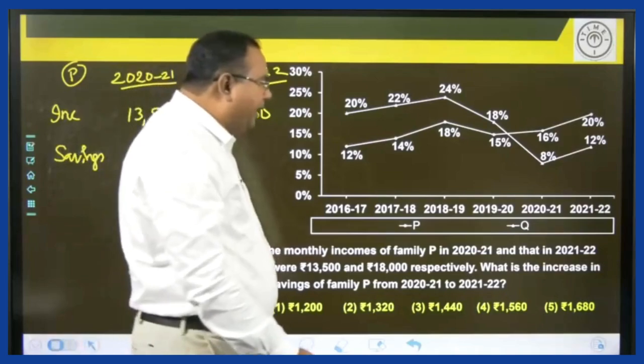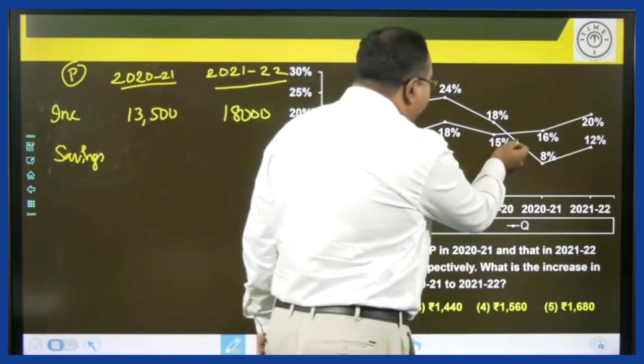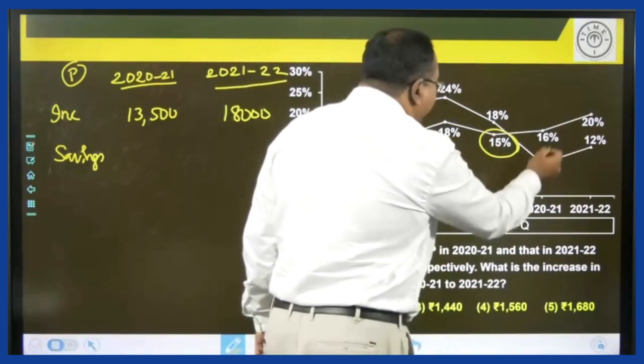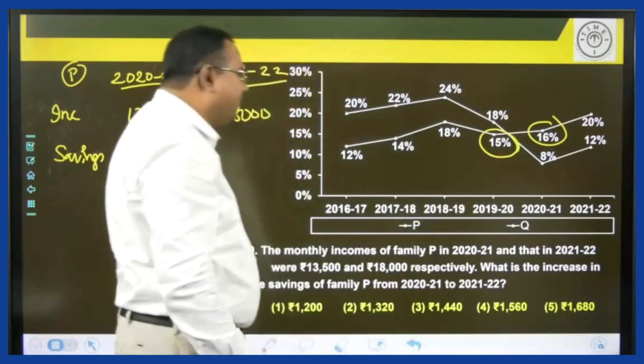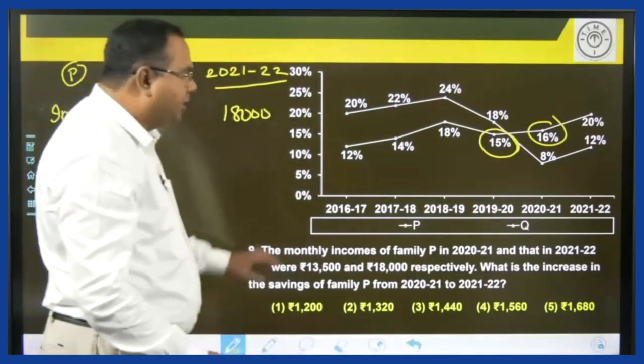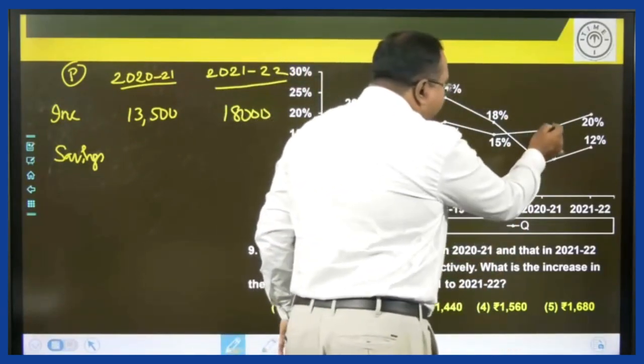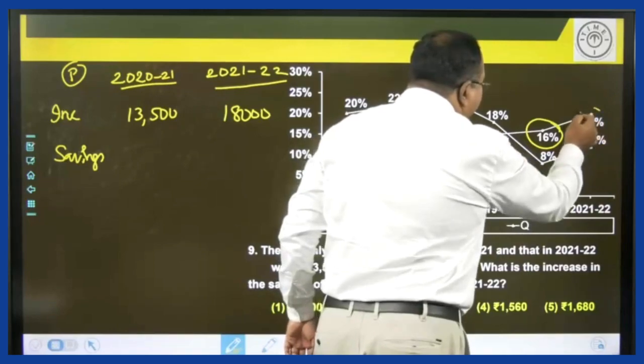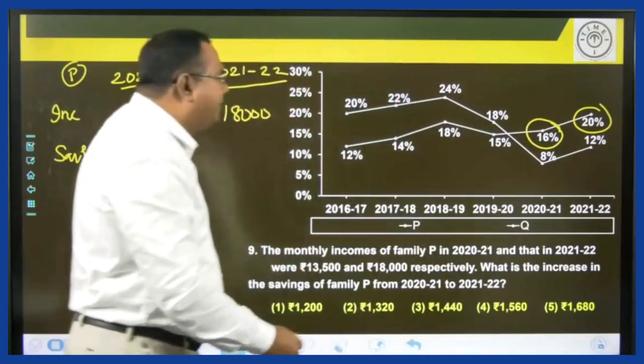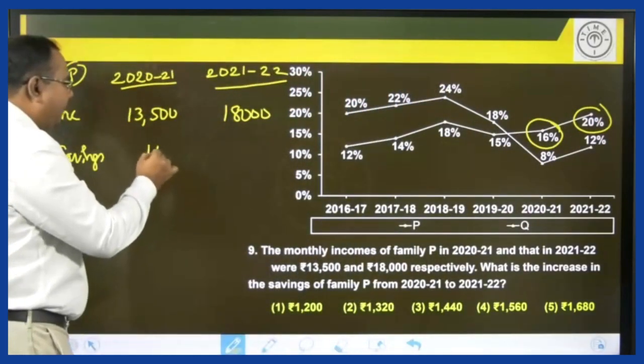2020-21 is talking about P. 2020-21 P is 15%. 21-22 it is 16%. Sorry, my mistake. So it is 2020-21, 21-22. Sorry, ma. It is 16%. 21-22 it has to be 20%. So 16%.